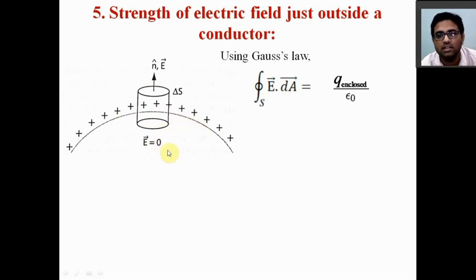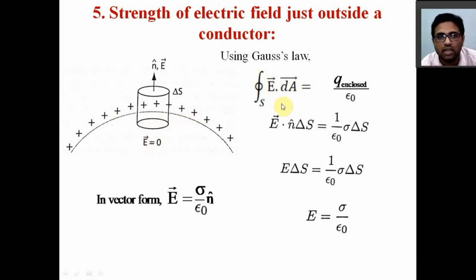Now as the electric field inside the conductor is 0, the flux will be E dot n cap delta S, which is equal to the charge enclosed by the Gaussian surface, which is sigma multiplied by delta S divided by free space permittivity epsilon naught.